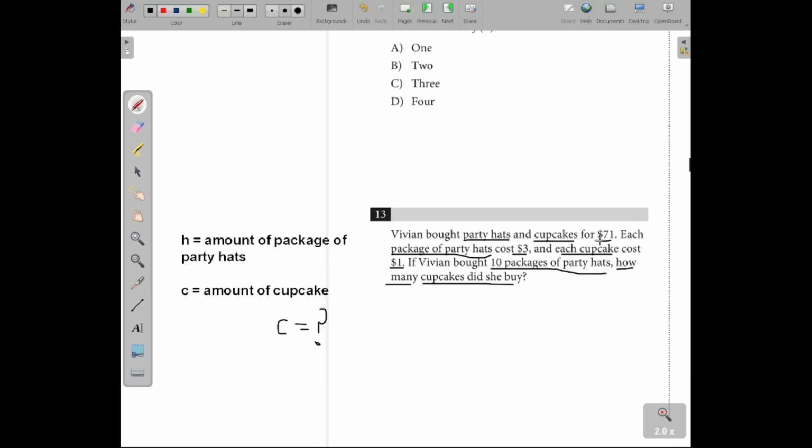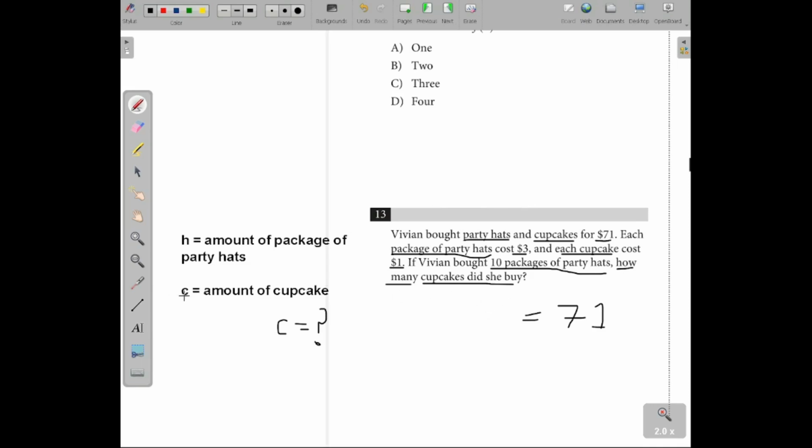And we know that she spent $71 in total. So our equation could be like this. H represents the amount of packages of party hats, and C the amount of cupcakes. Each of party hats and cupcakes has a price and a quantity.